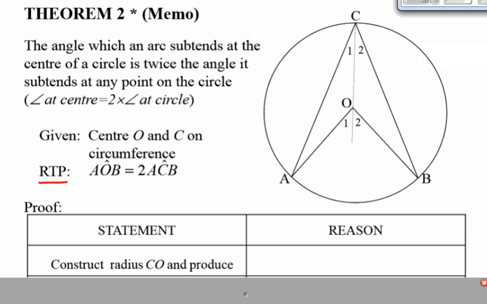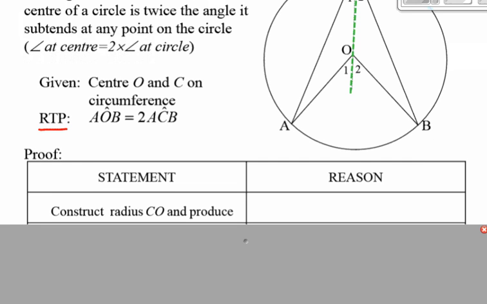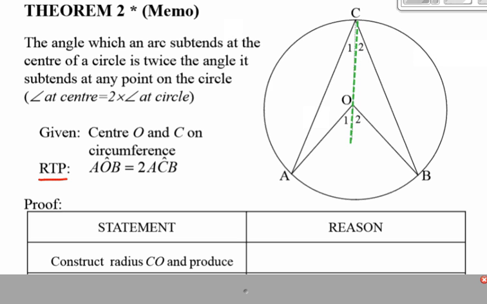I'm going to construct radius CO, and then extend it a little bit. That's what we mean by it's produced. So radius CO, which has been produced. Cool, so we've done our construction. Then you can label those angles. You see that they're labeled there for you because this is the memo. We've got C1 and C2 and O1 and O2.